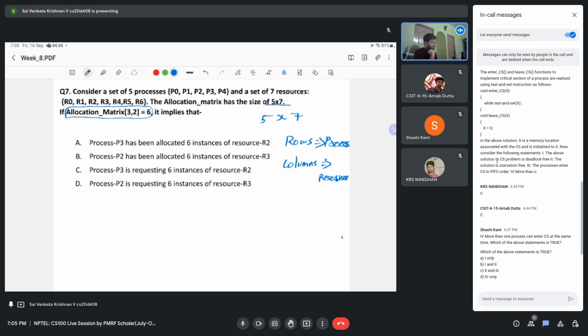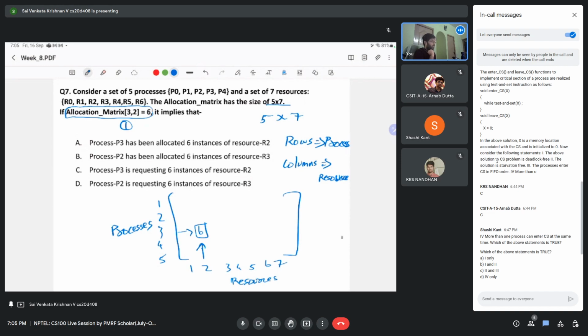Assume the indexing starts from 1, right? So 1, 2, 3, 4, 5, and 1, 2, 3, 4, 5, 6, 7. This is the process, and this one is resources, the columns. And now 3 comma 2 is 6.